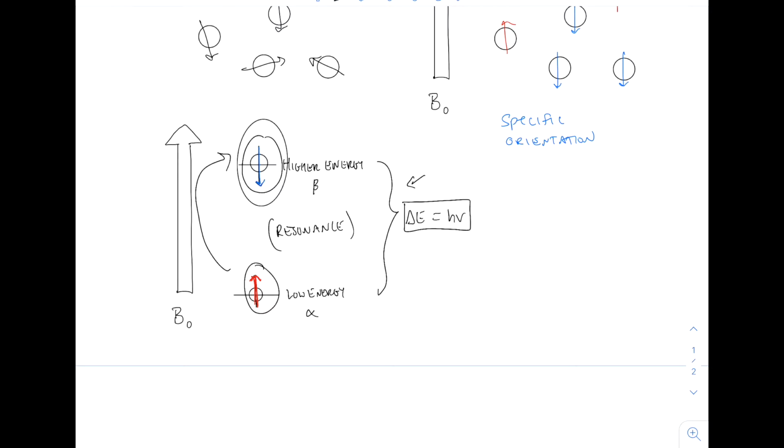And so the frequency that causes resonance depends on three factors. So we have the strength of the external magnetic field, B naught. We also have the electronic environment of the nucleus.